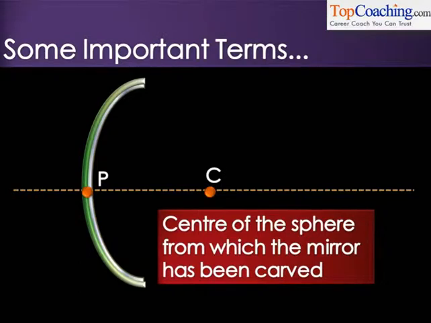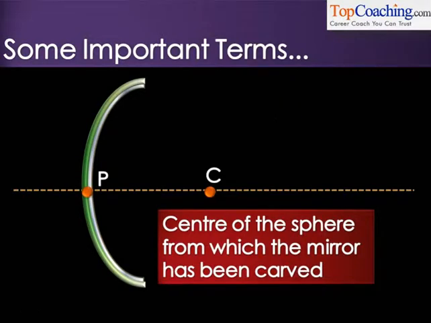There are mirrors that are formed when you cut a part of a sphere. So the center of that sphere from which this mirror has been cut is called the center of curvature of the mirror. Understood? So there you go. That point here is C. So basically, if you built back the entire sphere from which this mirror has been cut, C would be the center of that sphere. That's the center of curvature.